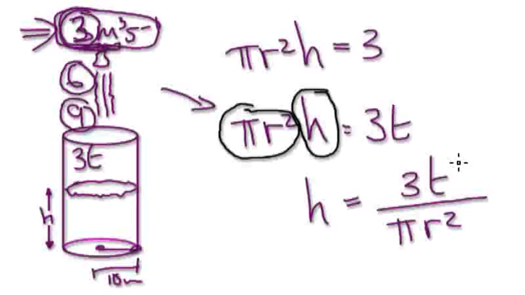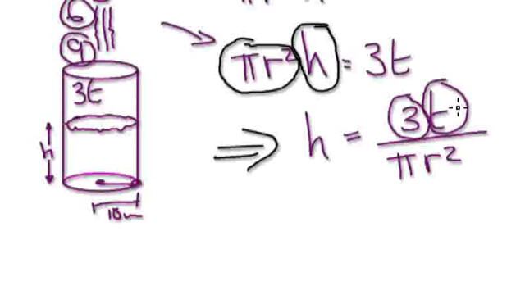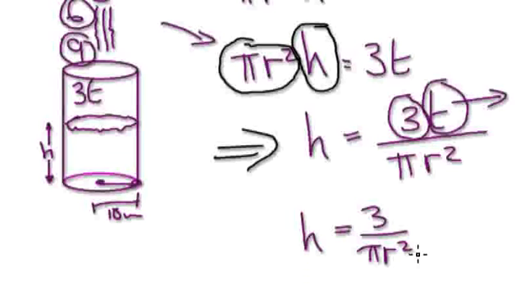It's only time that's changing, not the rate and not the radius. So you can visualize it like this. At the moment, you've got a bubble times a bubble here. Move this t out, so it becomes h equals 3 over pi r squared times t.